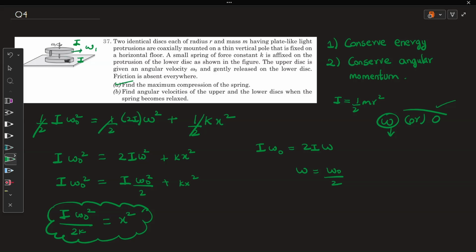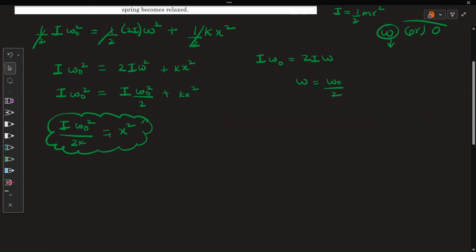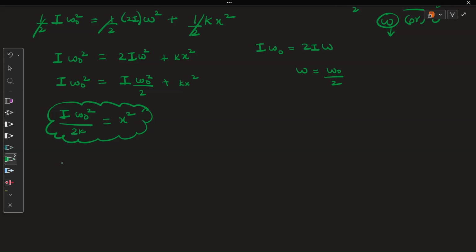Let's assume the upper disk moves with angular velocity omega 1 and the lower has angular velocity omega 2. Conserving angular momentum, I omega naught is I omega 1 plus I omega 2, so omega naught equals omega 1 plus omega 2. This is equation 1.